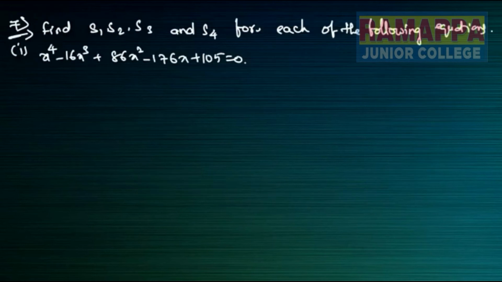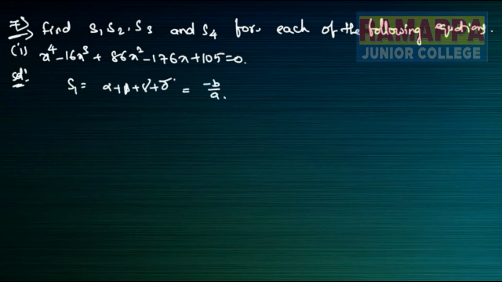Now the seventh question is: find S1, S2, S3 and S4 for each of the following equations. Two equations are there, the first one and the second one. Solution: S1 is equal to alpha plus beta plus gamma plus delta, which is minus b by a.